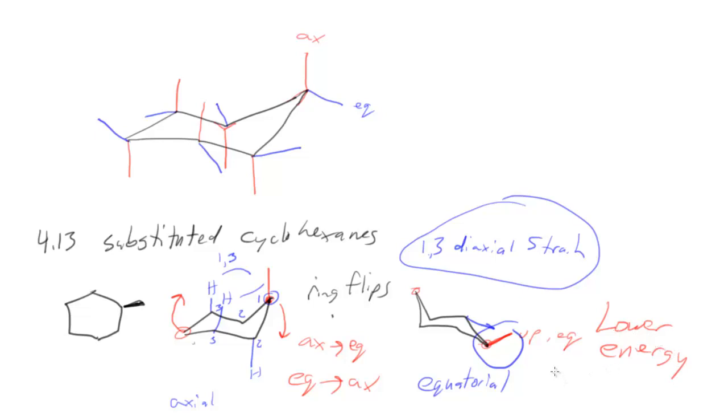And it's not favored a lot. It's favored by 1.74 kilocalories per mole, which is about 19 to 1, or about 95%. So it's enough that this will try to stay equatorial as much as possible, but you'll have some of them in the axial position.